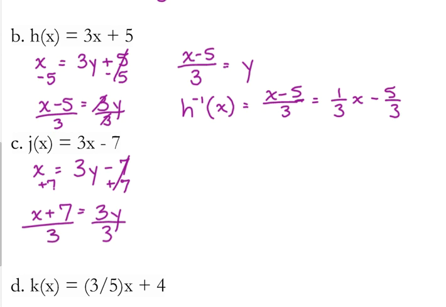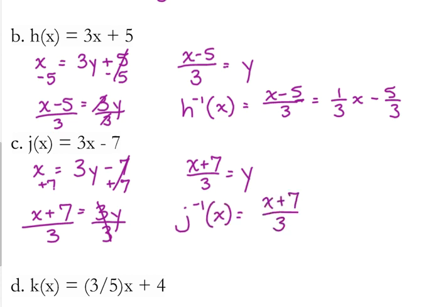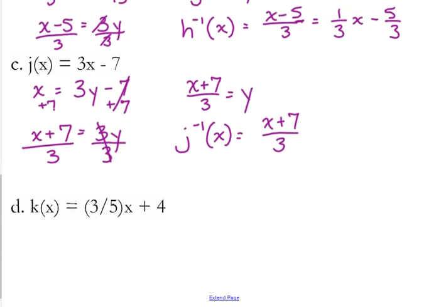Same step again. We're dividing by 3. So x plus 7 over 3 is equal to y. Replace it with that inverse notation. J inverse of x is equal to x plus 7 over 3. I'm not going to split that one up.